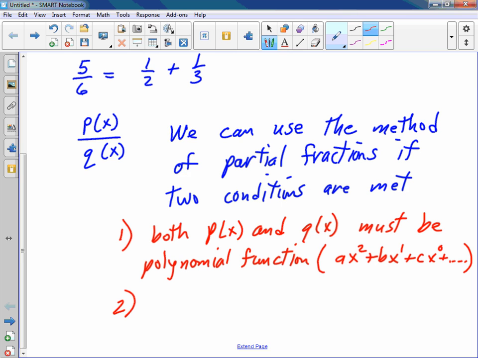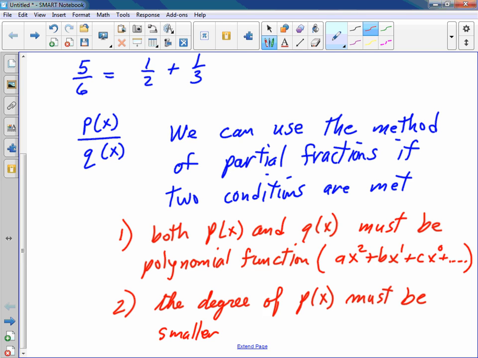And condition 2, it has to be that the degree, I'm starting to use cursive, the degree of p of x must be smaller than the degree of q of x.